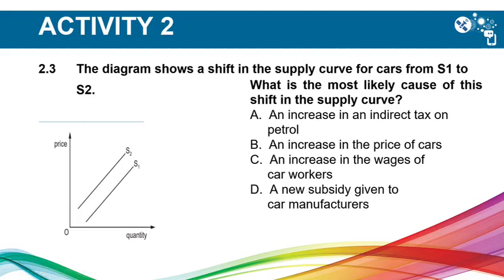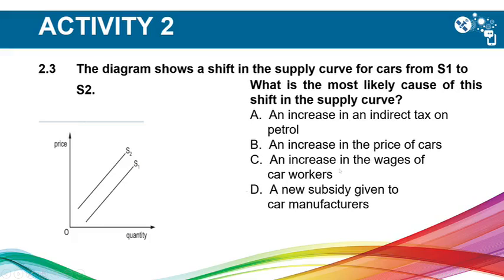First off, you can already see D is definitely not the answer, because when a business gets a new subsidy, the supply can actually increase. But in this case, we see there's a supply decrease.